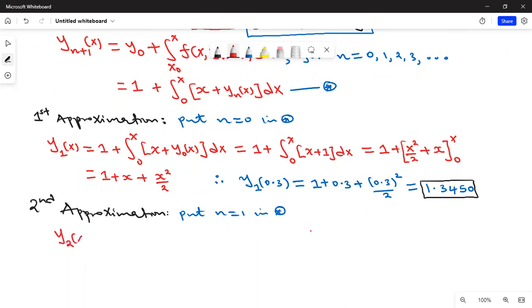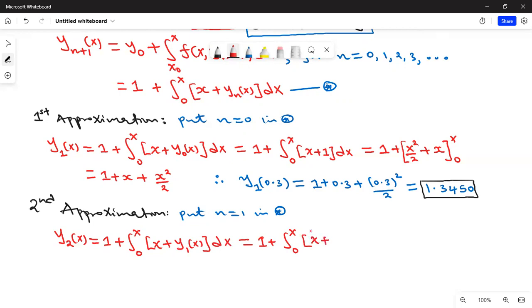y2 as a function of x is equal to y naught, which is 1, plus the integral from 0 to x of x plus y1, which was a function of x, dx. And so this is the same as 1 plus the integral from 0 to x of x plus, what was our y1?